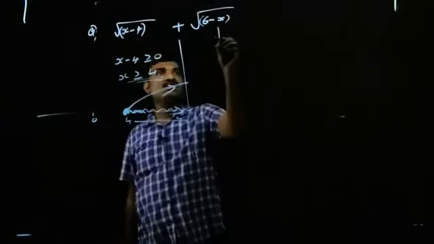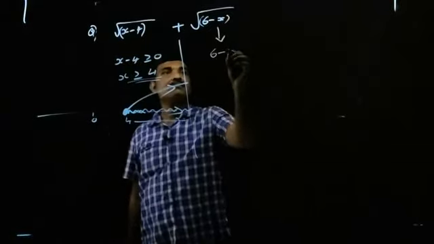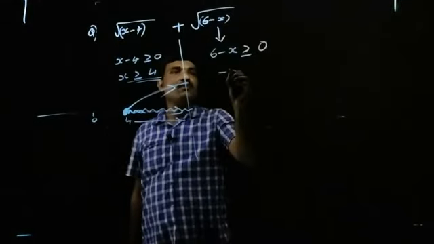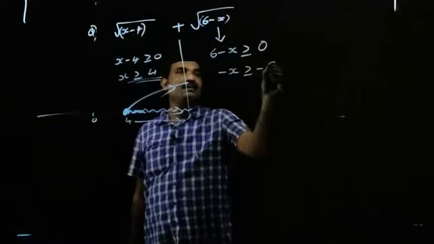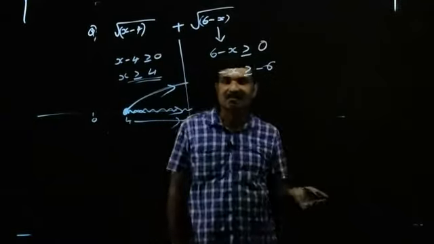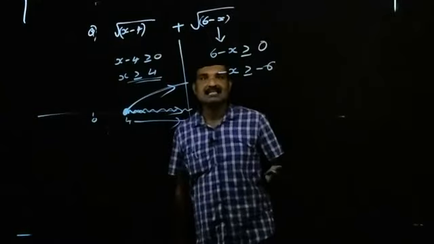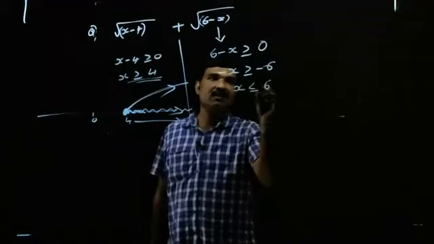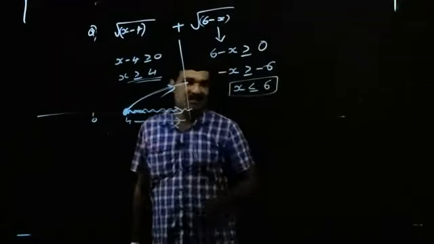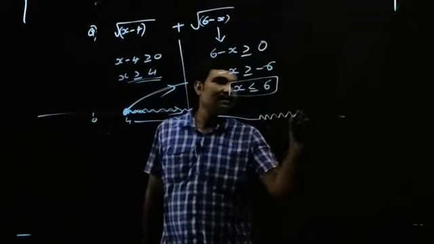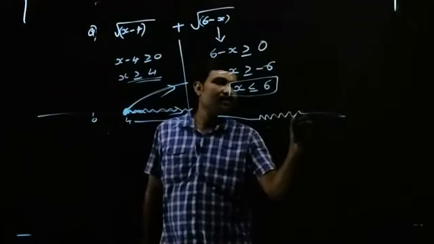Now consider this section. We can say 6 minus x is greater than or equal to 0, or minus x is greater than or equal to minus 6. Now multiply both sides, LHS and RHS, by negative, which changes the sign of the inequality. So x is less than or equal to 6. On the number line, this is our number line, and this point is 6.